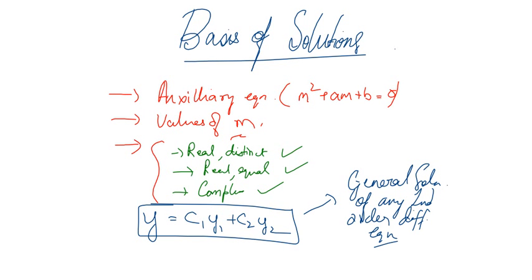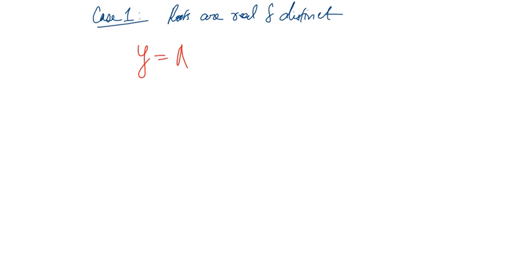We'll talk more of that in later videos, but we'll first learn about the three cases we had summarized. So for case 1, wherein roots are real and distinct, we have the value of y as a e to the power m1x plus b e to the power m2x.